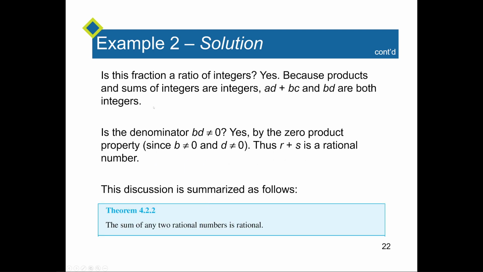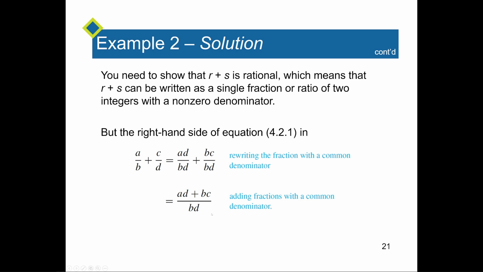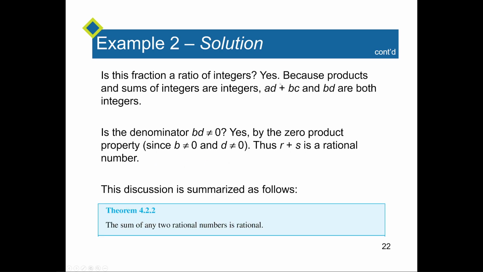So once we get that, is this fraction a ratio of integers? The answer is yes, because products and sums of integers are integers. So therefore this and this are both integers. Is the denominator non-zero? Yes. Why?